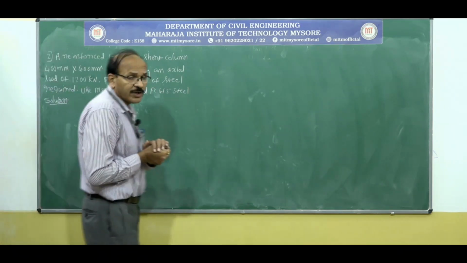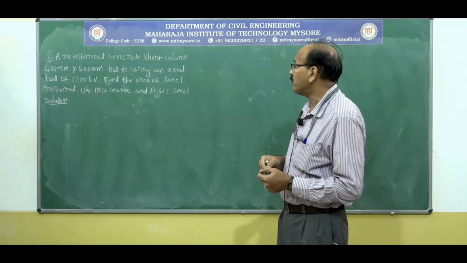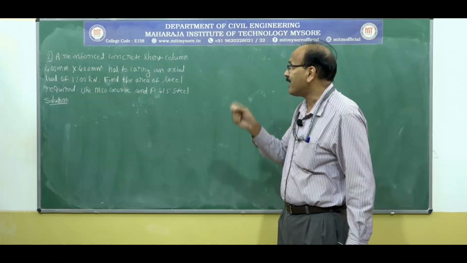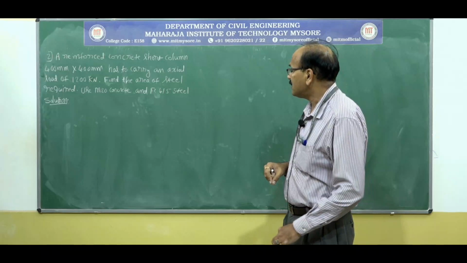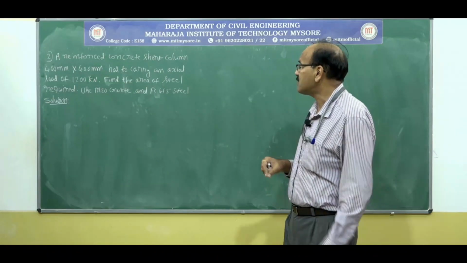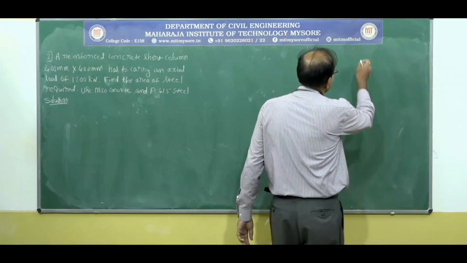So, a reinforced concrete short column 400 mm by 400 mm has to carry an axial load of 1200 kilonewton. So, find the area of steel required. Use M20 concrete and Fe 415 steel. So, what is the size of the column?